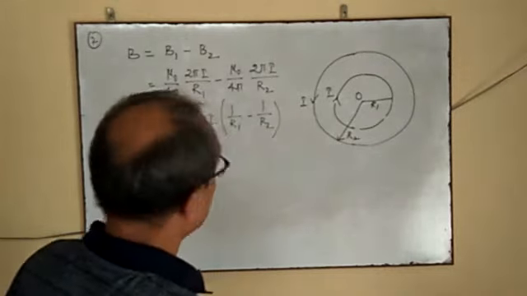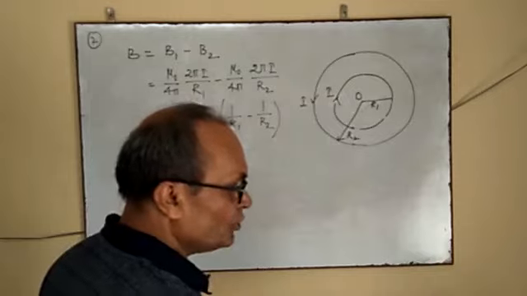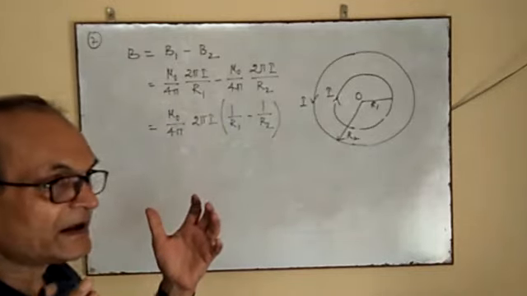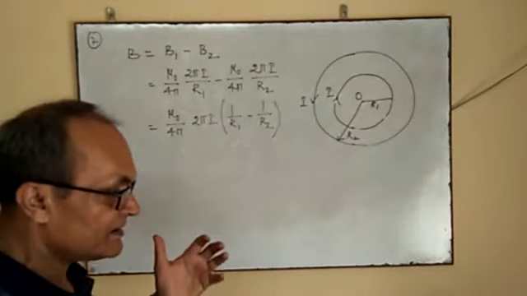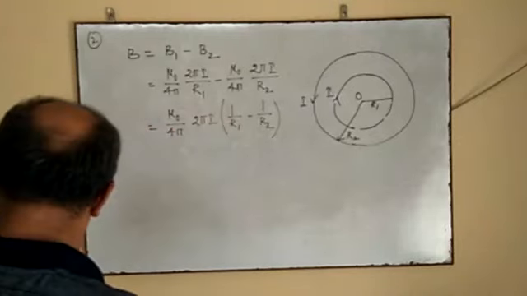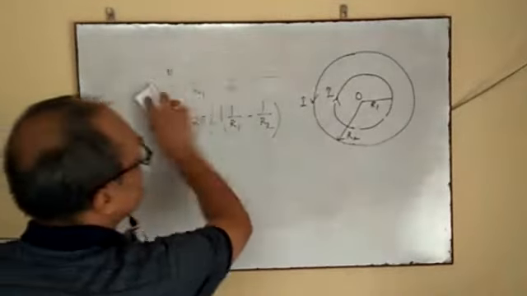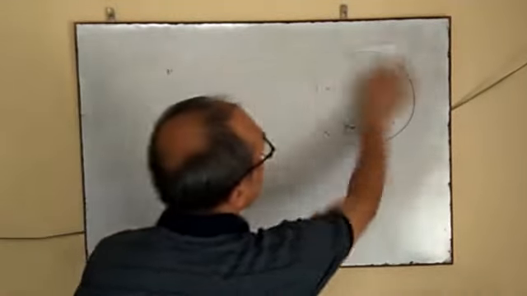Now in the third case, we are going to say that two concentric circles, but they are mutually perpendicular to each other. Their centers coincide with each other. So we will see this again.